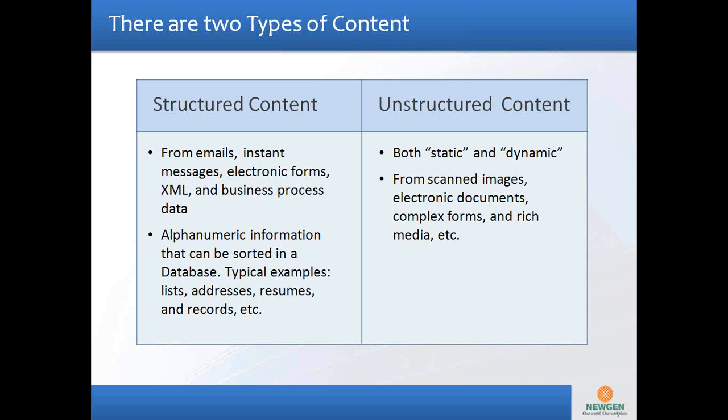So typically, static content is the scanned image that does not change over a period of time, for which essentially new revised versions are not required. On the other hand, dynamic content is the content like Microsoft Word document, which will be edited, reviewed, revised, and the versions will be required to maintain.